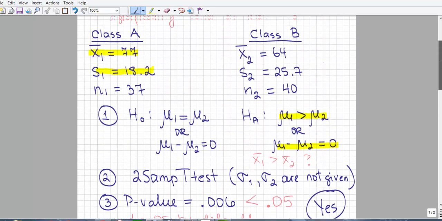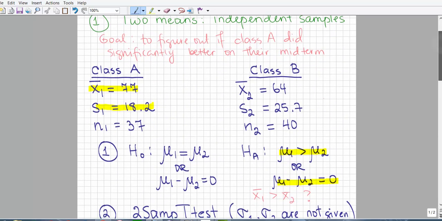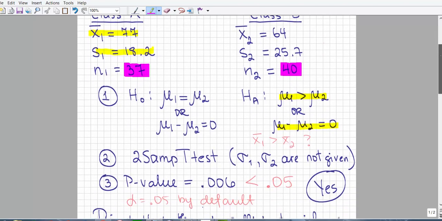So let me run through this again. We have an inference on two samples. The two samples here are independent. One good indicator that they are independent is if the sample sizes are different. They don't have to be, but if they are, you know for sure these are independent samples. Sample sizes are large enough for us to run the hypothesis test and confidence interval.